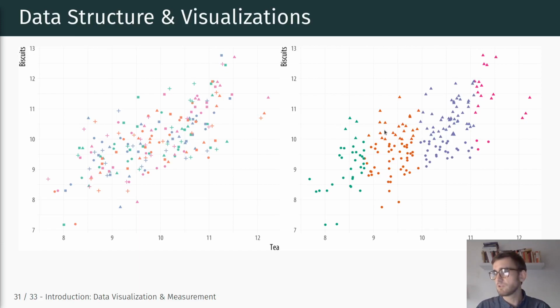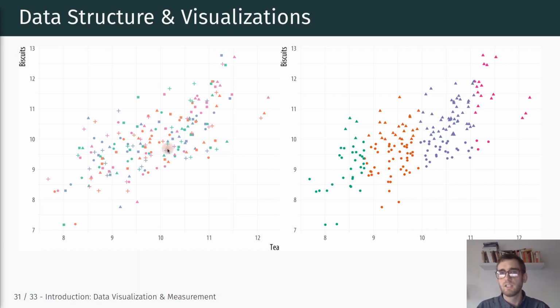So as long as you have a sufficient amount of structure in the data, as we have here on the right, then the color scheme can actually be quite helpful to distinguish specific observations, right?